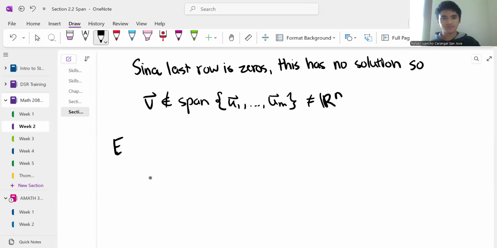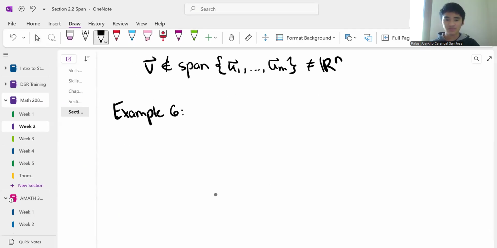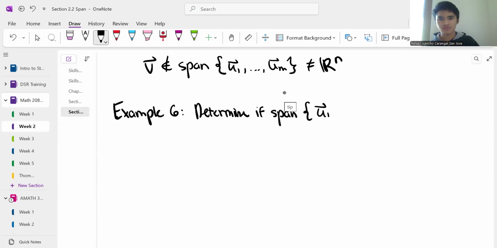Right, so example 6, we want to determine if the span of 4 vectors here, u sub 1, 2, 3, 4, is in R3.